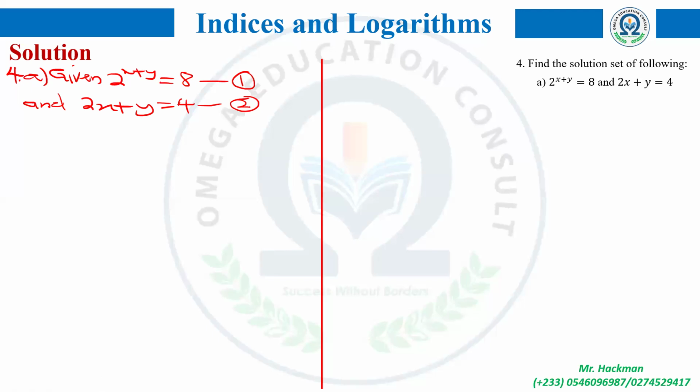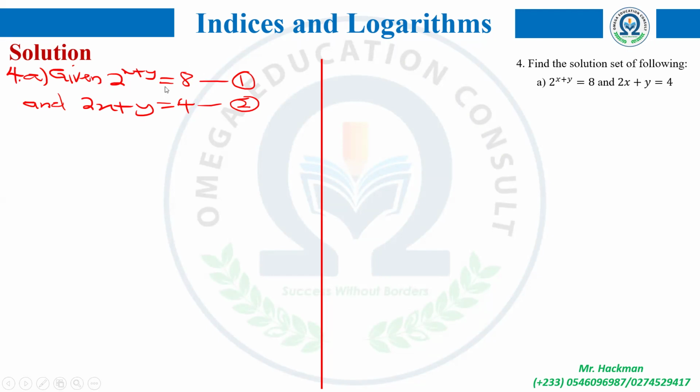Whenever we are solving equations simultaneously, whether 2 or 3, take note, they are supposed to be in the normal form, not the exponential or any other form. The second equation is in the normal form, the usual form of equation that we solve. However, the first one is not, so we have to work on it.